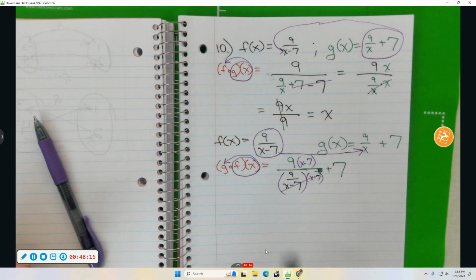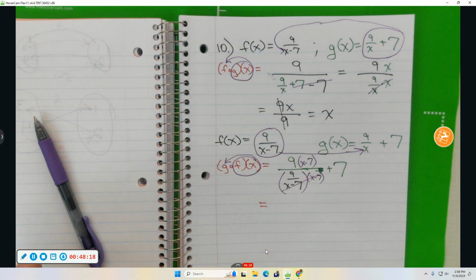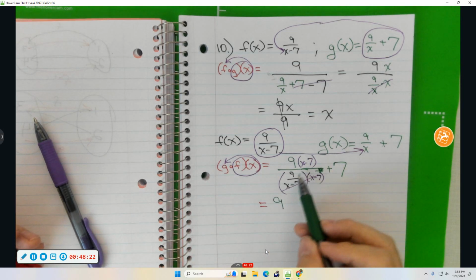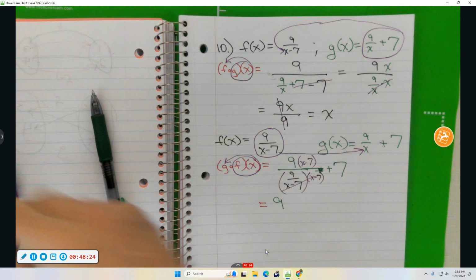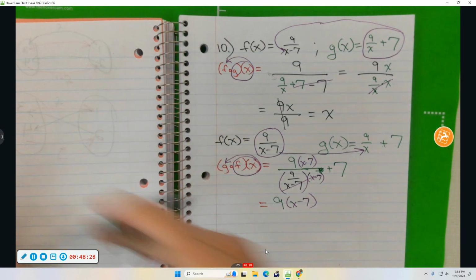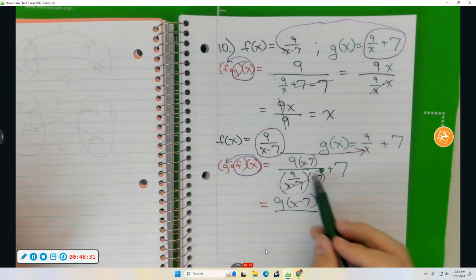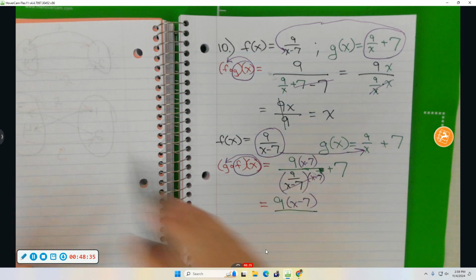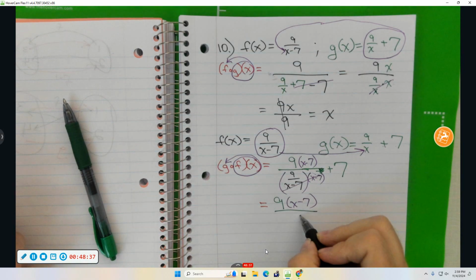So we have a 9. We have a 9 times the purple x minus 7. And what have we got left over in that denominator there? We still have something down there. That 9. And we still have something else.